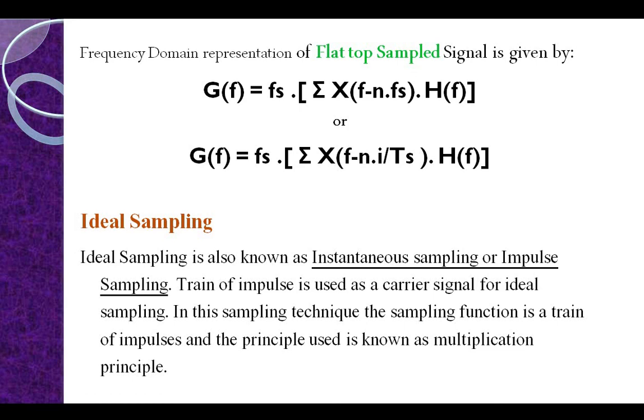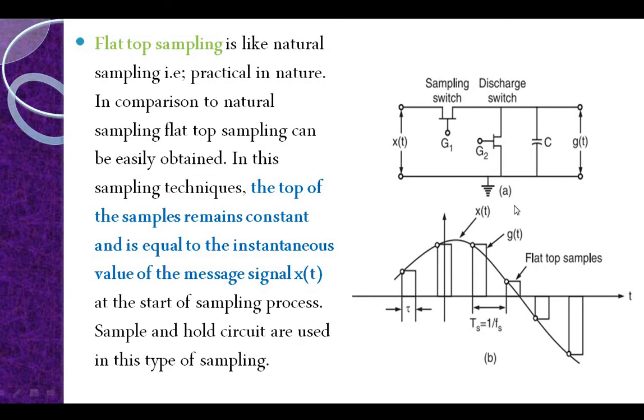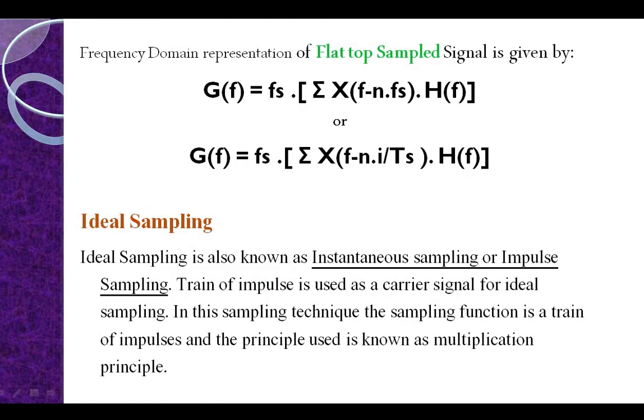In the time domain representation, h of t is nothing but a rectangular pulse of unit amplitude. We are sampling and holding, so we get a single rectangular pulse, no more.